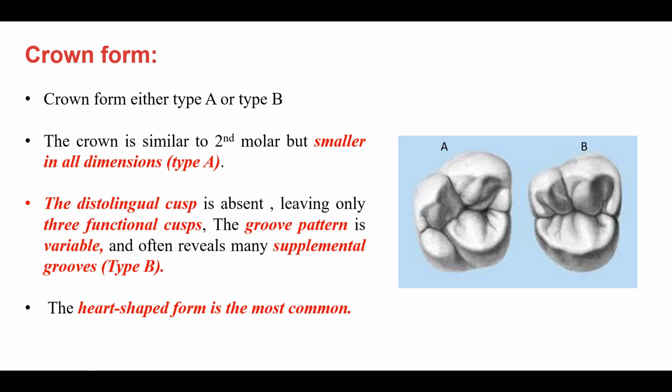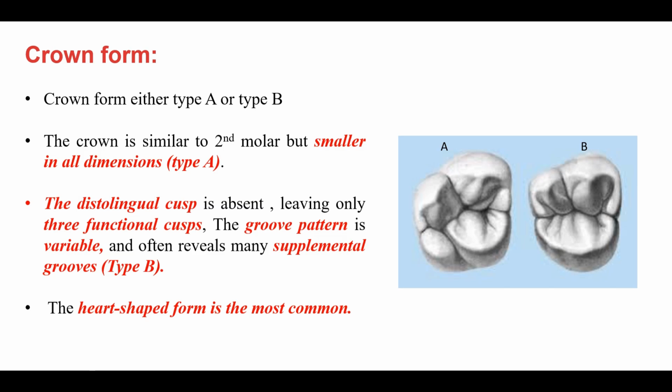So the crown form can be either type A or type B. This is very similar to the crown form of the maxillary second molar, if you remember. So the crown is similar to the second molar in all matters except for the dimension. It will be smaller in dimension, but it resembles a second molar, that is type A. Whereas type B is the 3 cusp molar variety, where the distolingual cusp is absent.